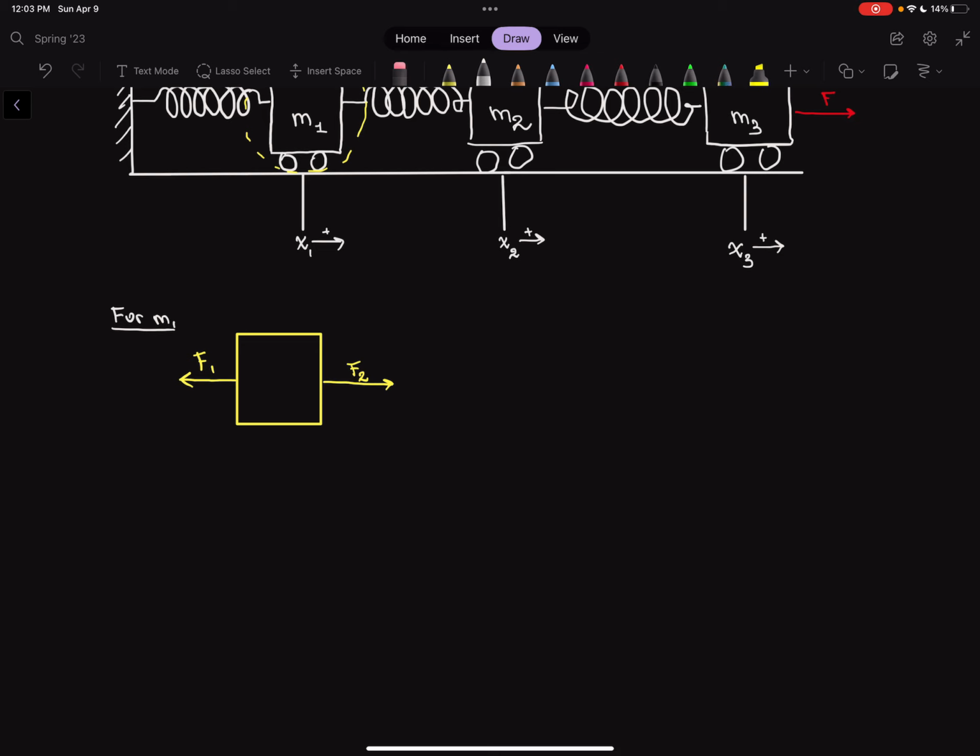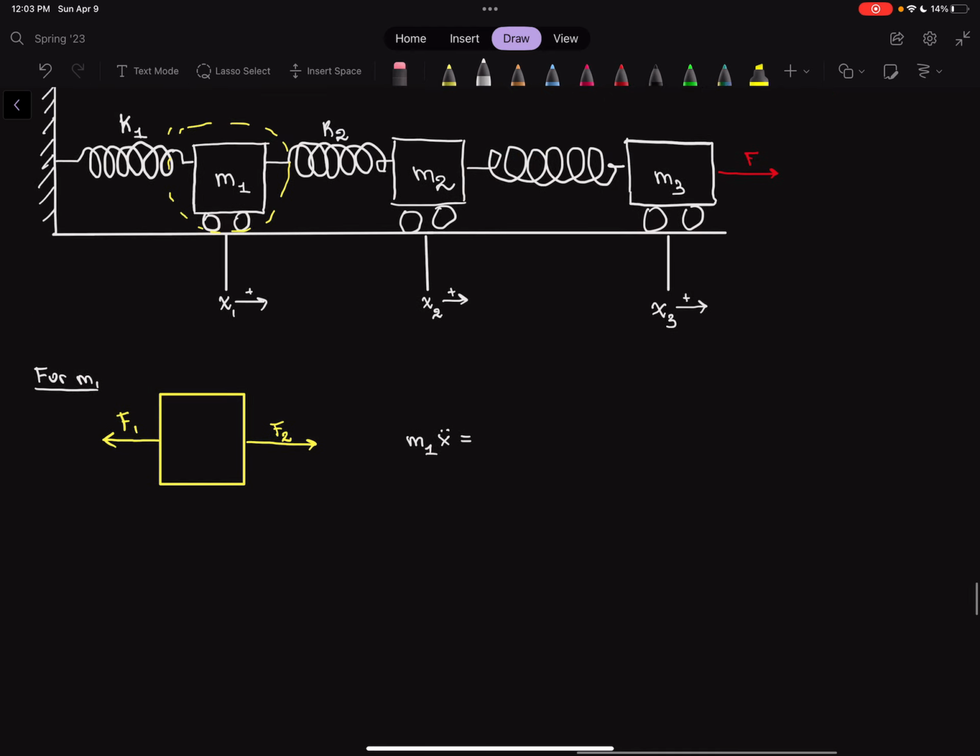So, how would I write this? Well, I would say that the mass 1 times the second derivative of position with respect to time is equal to the first force, which is going to be negative K1, coming from the first spring, times x1, right? The more you displace it this way, the more this is going to want to pull back.